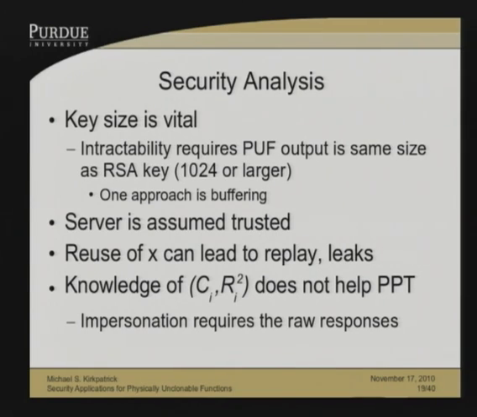So it's a reasonable assumption. And the last one here also is that even if you do get access to the challenge response commitments that we have, that doesn't help a probabilistic polynomial time adversary to impersonate one of the devices. You really have to have the raw responses.